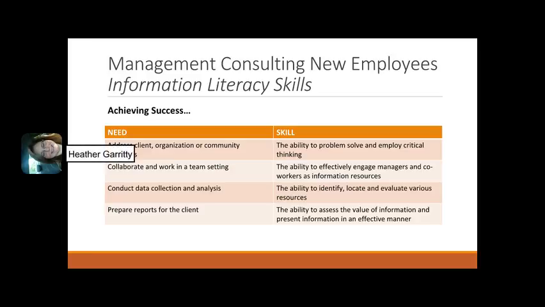For management consulting firms, investing in a new employee takes time and resources to ensure successful onboarding and success within the organization. To this end, information literacy is essential for success, as it enables consultants to find and extrapolate information needed to fulfill client requirements, as well as develop internal intellectual capital. In order to do this, new employees must have the right set of skills to meet the demands of consulting.